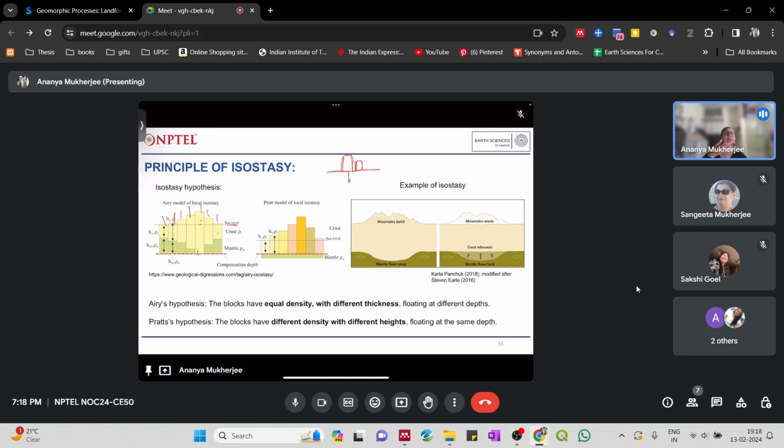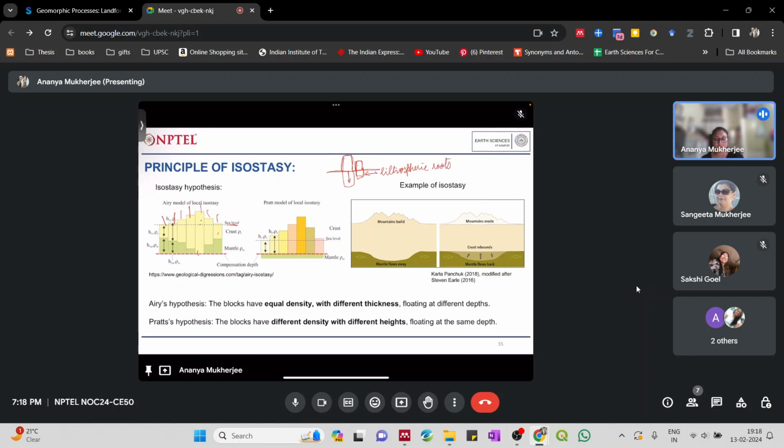An equivalent amount of material is actually below the sea level, all the way up to the mantle. These are actually called the lithospheric roots.